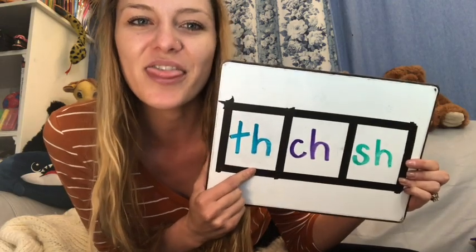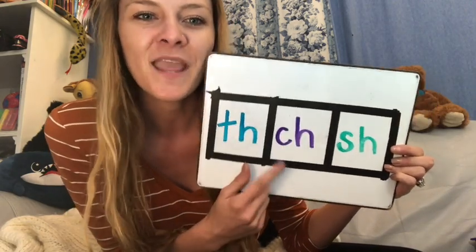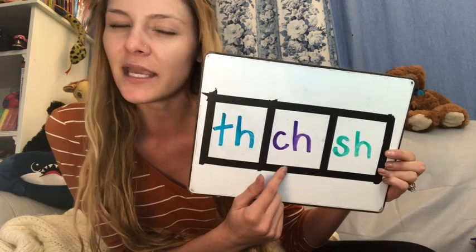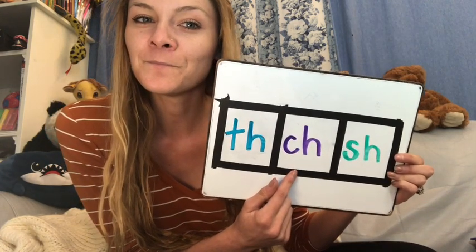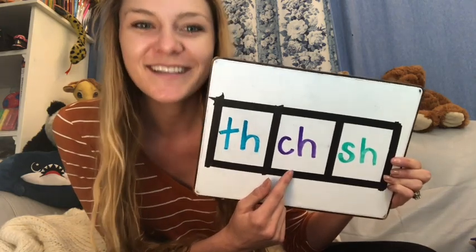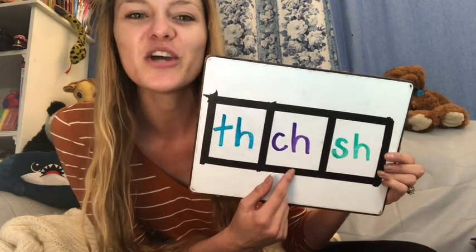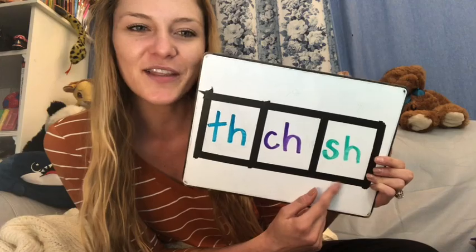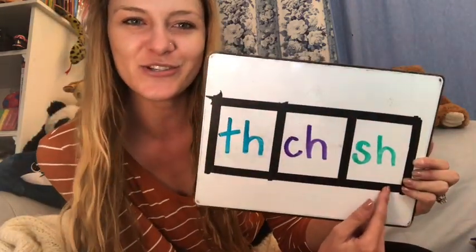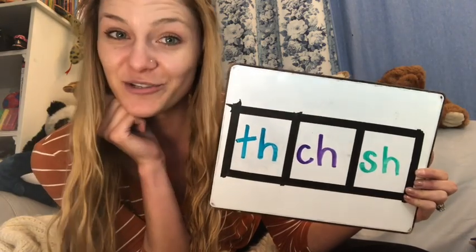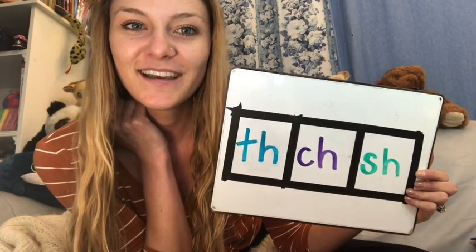TH says th. What about CH? What does CH say? If you said ch, you're right. Awesome job. CH says ch. And then the last digraph is SH that we're going to practice. And what sound does SH make? That's right, shh. SH says shh.